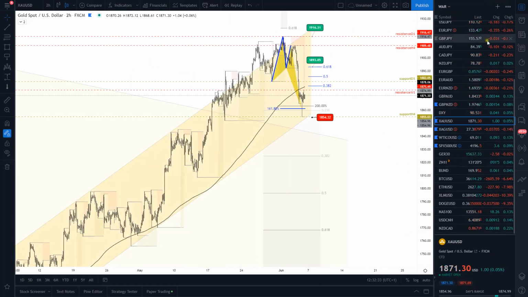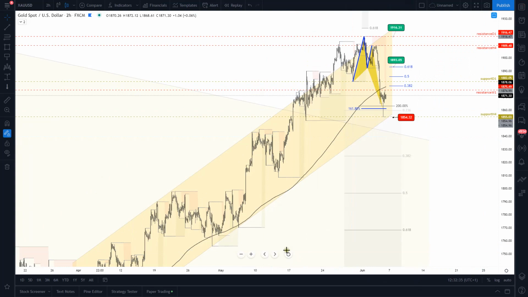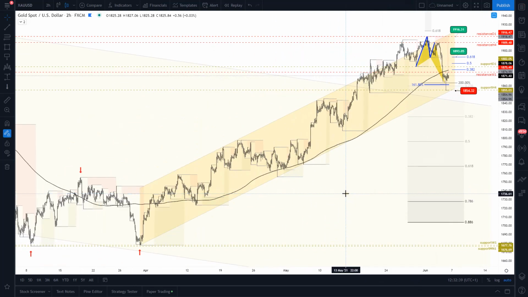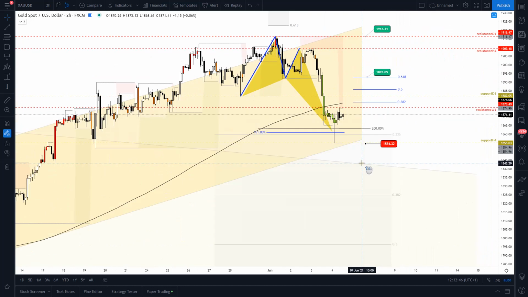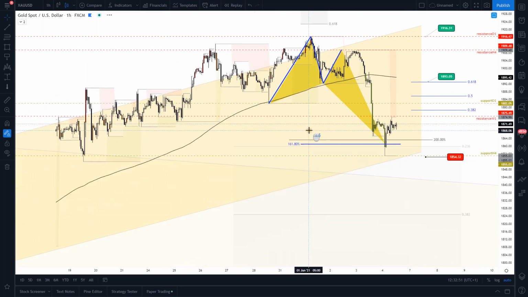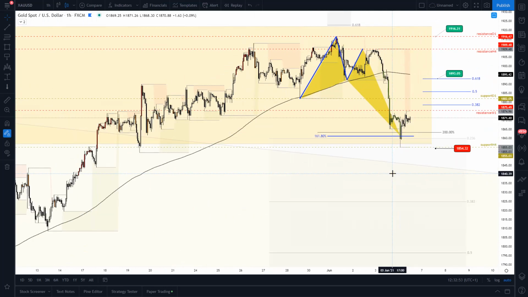Now let's go to the gold chart, gold and silver. Some of you are familiar with this shining channel. Some of you have the same channel in your own charts. What I can show you for gold is this bullish crab pattern projected at 161, or completed at the 168 extension, with the new fractal support printed already at 1855.